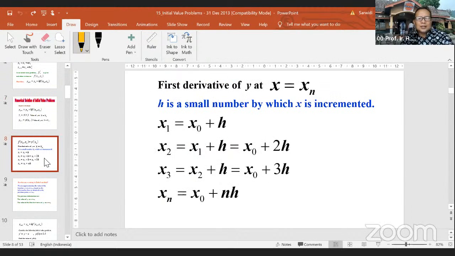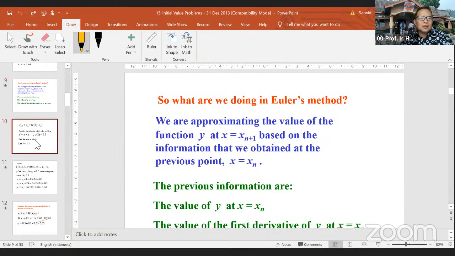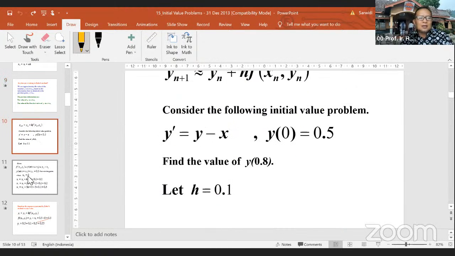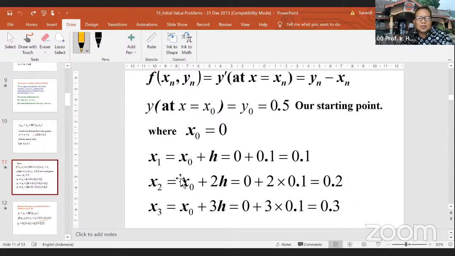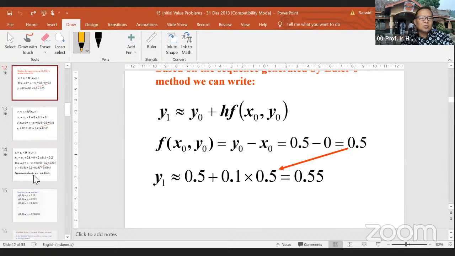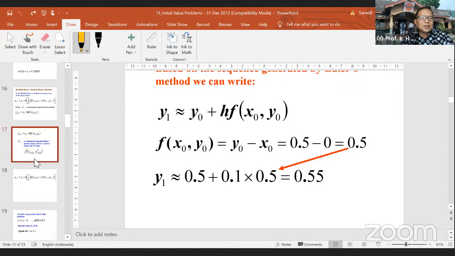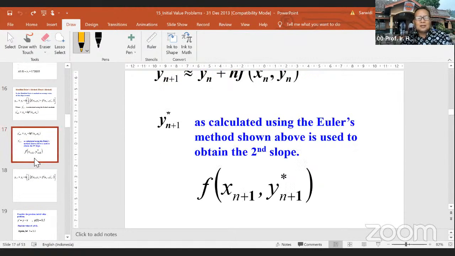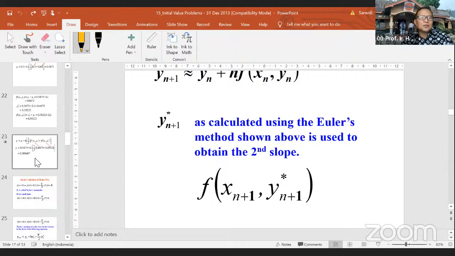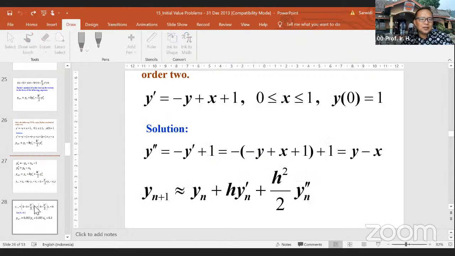So this is the problem that we have, many errors. How to solve it? For example, x1 is this one, and x2 is this one. So the error becomes larger and larger.